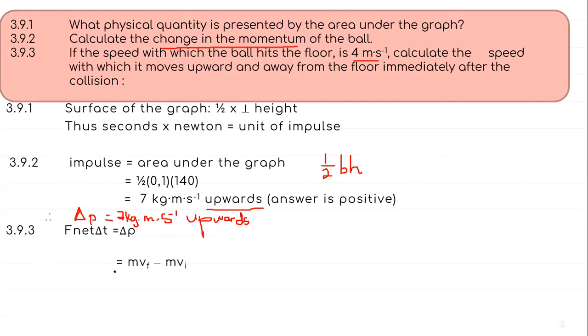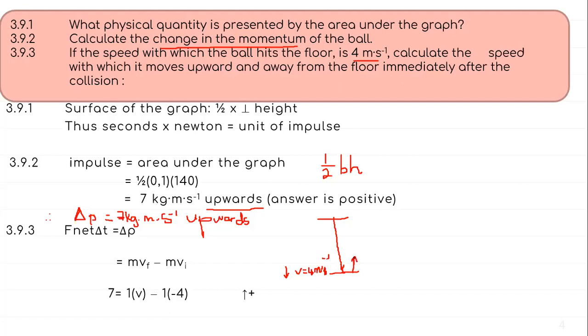Remember it was dropped. Then they tell us that when it hits the floor, it hits the floor with a velocity of 4 meters per second. So that is when it hits the floor. Now we want to know what is the velocity with which it moves upwards.